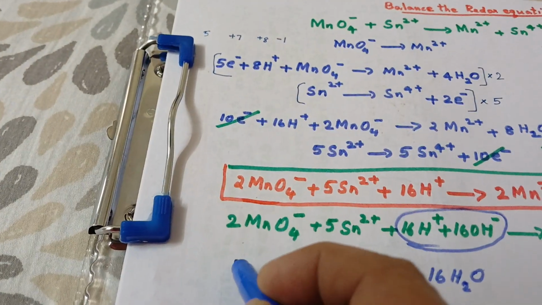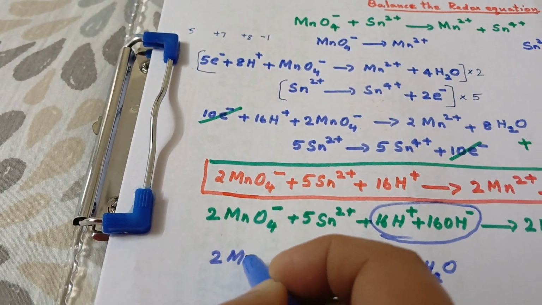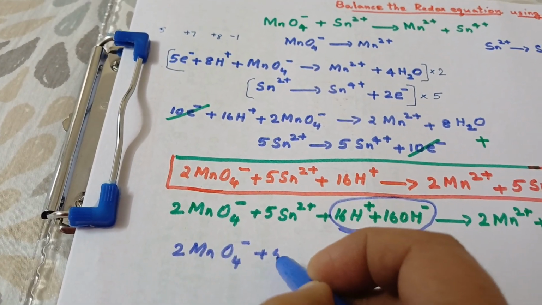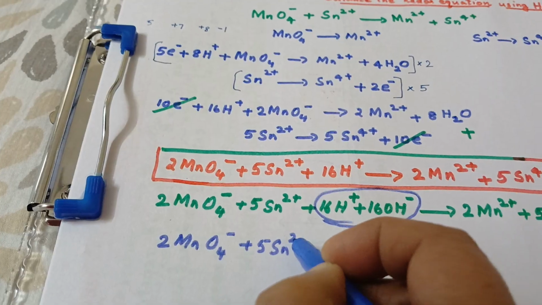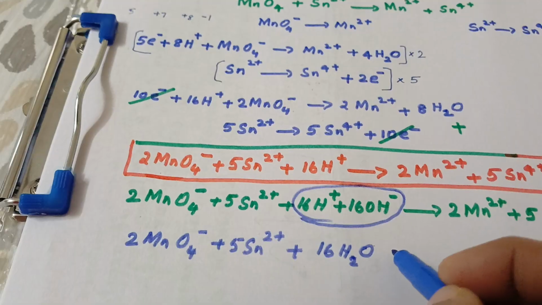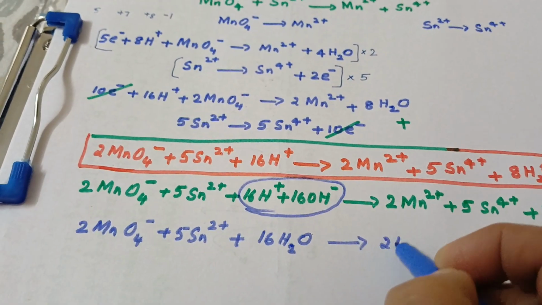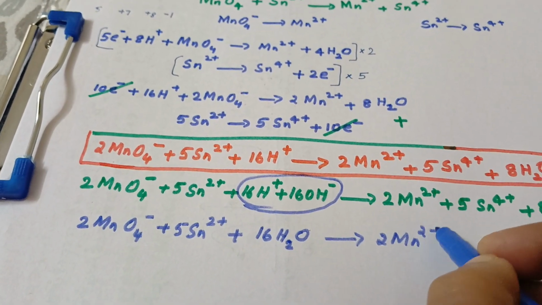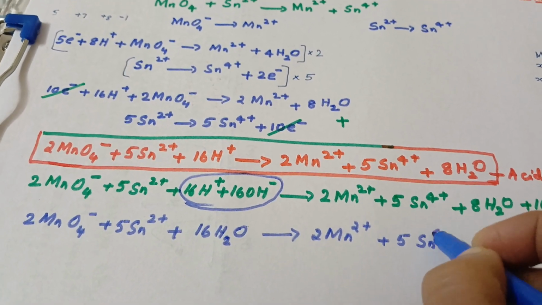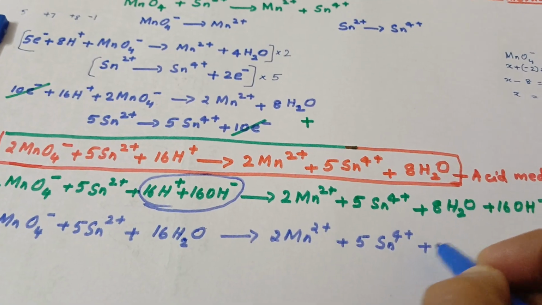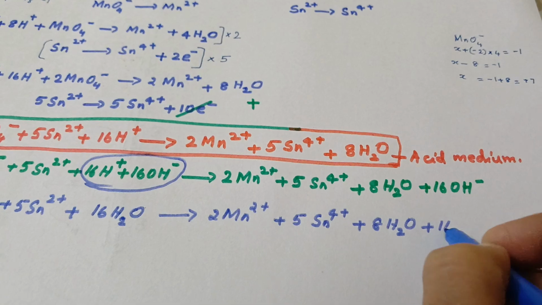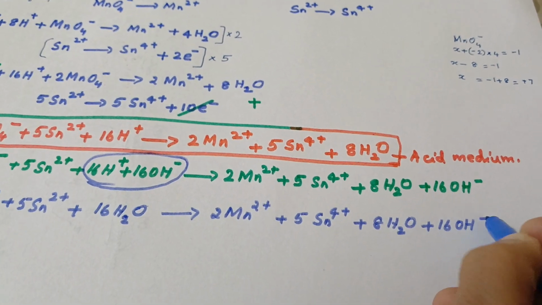So let us rewrite the equation as 2 MnO4 minus plus 5 Sn2 plus 16 H2O giving 2 Mn2 plus, 5 Sn4 plus, 8 H2O plus 16 OH minus.